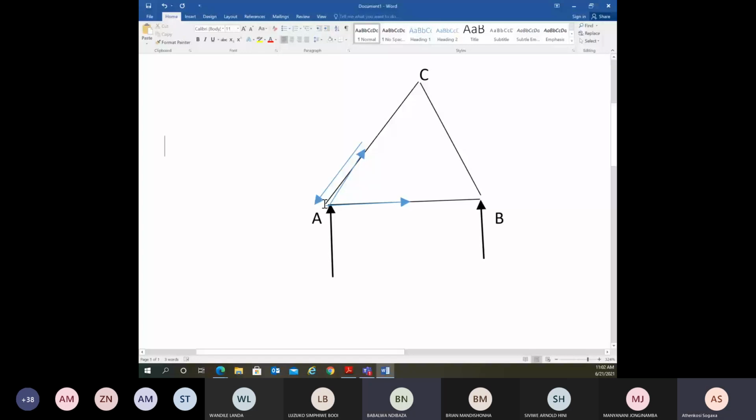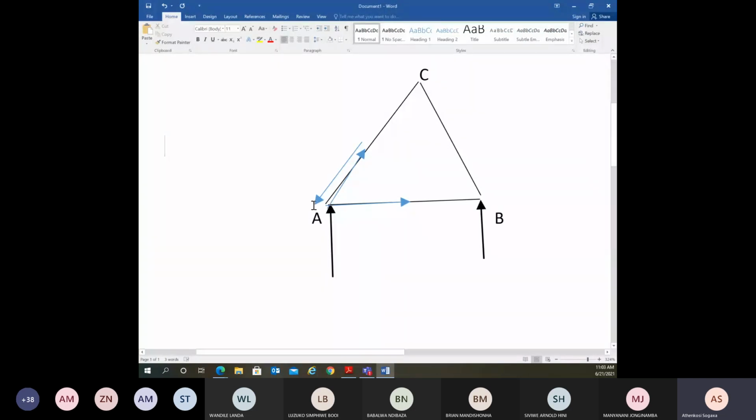Standing on this joint, if it's directed like this, it's in tension. When you say point, I'm making reference to A. If you are away from A, it's in tension. If you are towards point A, it's in compression.